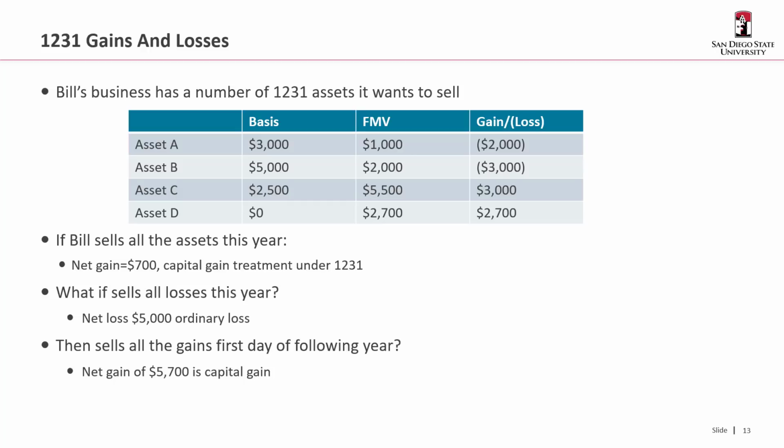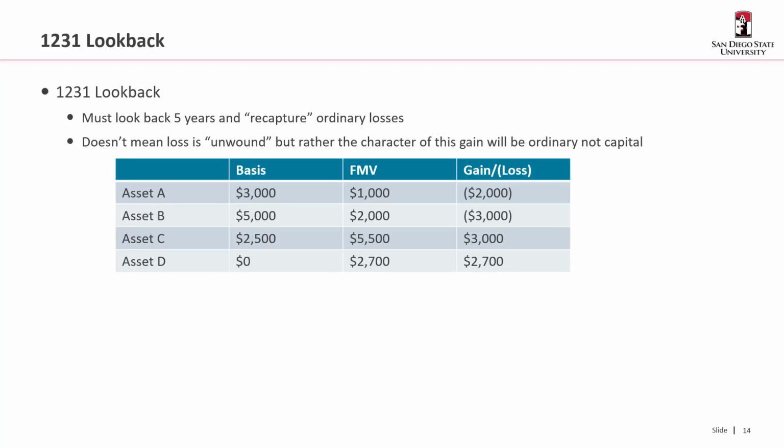Now, think about what he's just done. We have the same $700 net gain or loss, but look at the tax rates that are going to apply to each, the loss as ordinary and the gains as long-term capital gains. And you can see that this is an arbitrage opportunity that the IRS is super uncomfortable with.